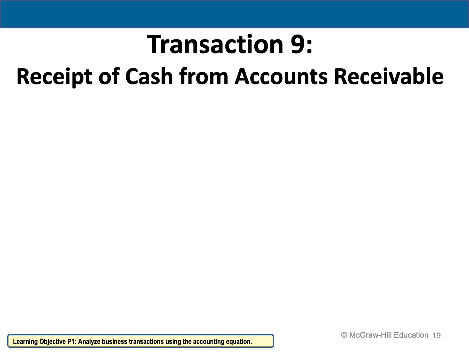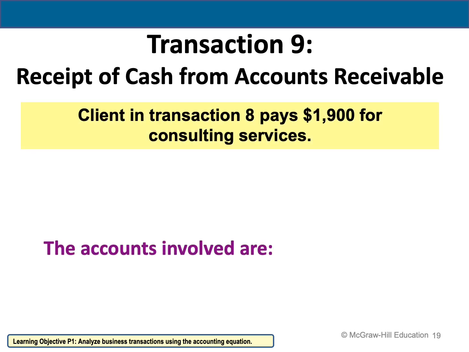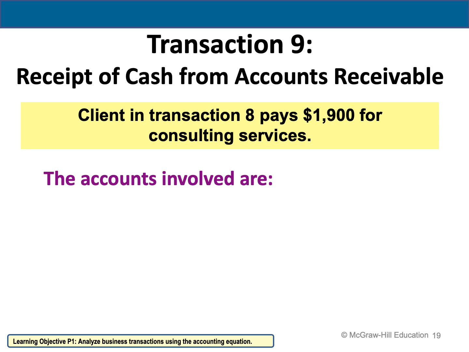In transaction 9, the client in transaction 8 pays 1,900 for consulting services. Go back to your notes to transaction 8. In transaction 8, we provided a service to the customer. If you can remember, we provided two services to the customer, one is consulting and the other is rental revenue.